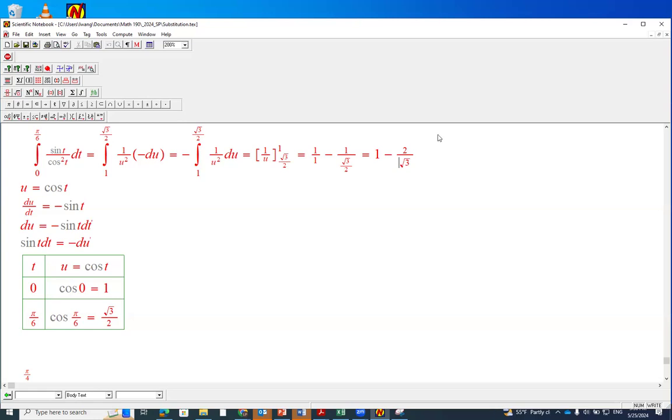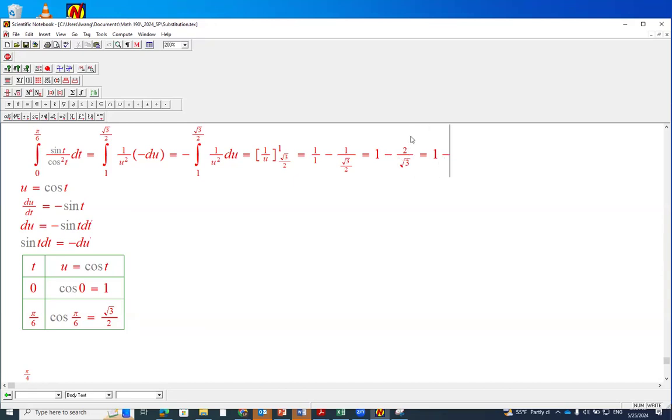Okay, yes, we're good. So if you want to rationalize it, oh wait, what did I do? So this is going to be 2 over root 3. This tells me I'm a little tired. Okay, it's just time to take a break.